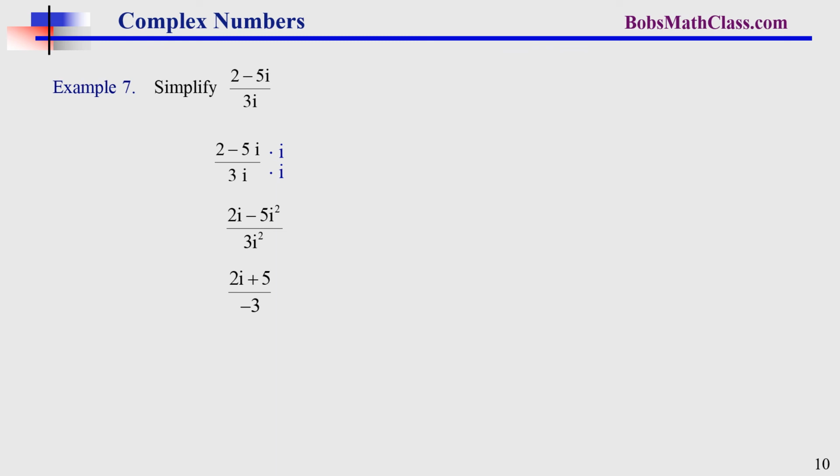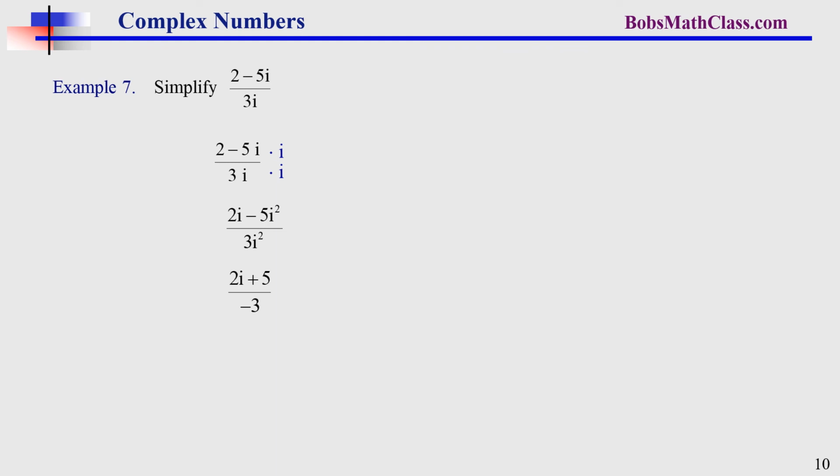So i squared is negative 1. I didn't really show it. Negative 5 times negative 1 gives us a positive 5. And then in the denominator, i squared is negative 1. So 3 times negative 1 is negative 3. You know, sometimes I'm a step skipper, right? Sorry.